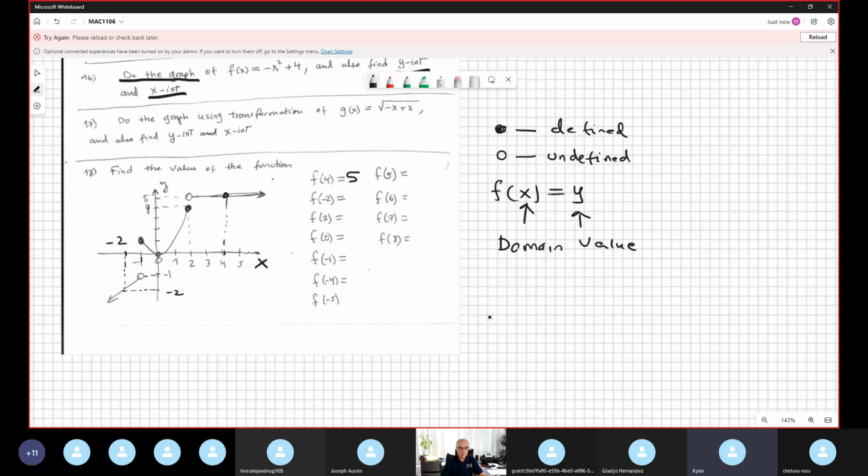So the answer is negative 2. Do you see or no? Yes. And positive 2 is this guy. When I go to the curve, I see closed and open. I take the closed, which is when it's defined, is 4. And 0 is 0, 0. That's it.